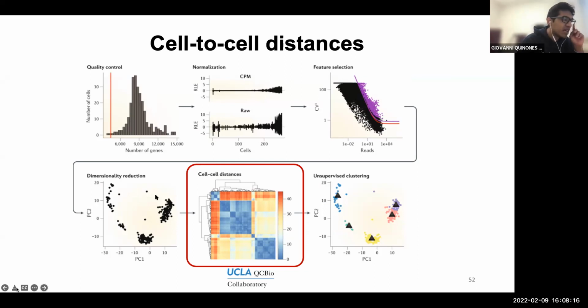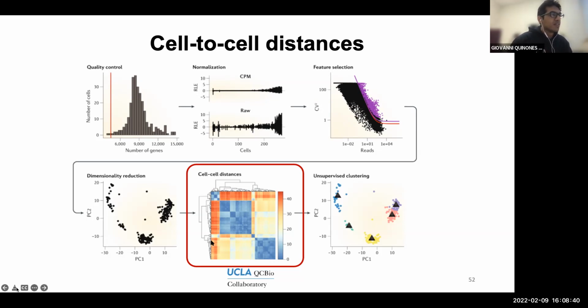We're just using values in the PC space. Our next question is, we can see that some of these cells are already very close to each other in this PC plot. But how do we quantify that? How do we find cell clusters?